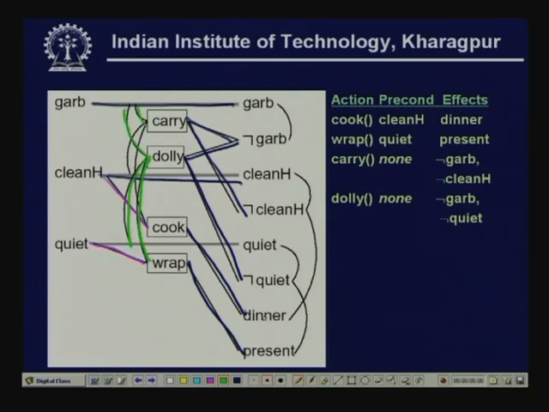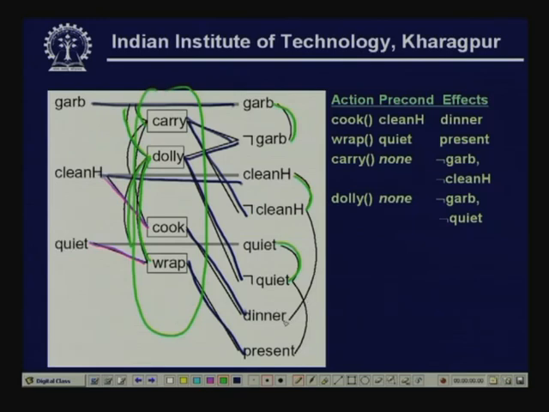Now, we already saw how to have the mutex relations between the different actions, and then we can also have mutex between the different propositions. This is easy. Garb is mutex with no garb, clean hands is mutex with no clean hands, quiet is mutex with not quiet.